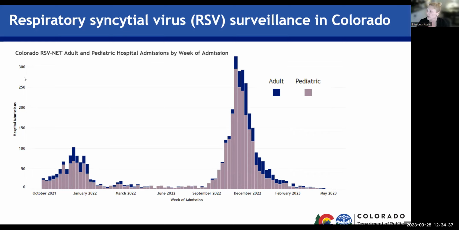And I will say that the rates of RSV that we saw last season, where activity started around August, mid-September, and then we saw peaks around the end of November, early December, were definitely the highest rates that we have seen since RSV became reportable in 2019.